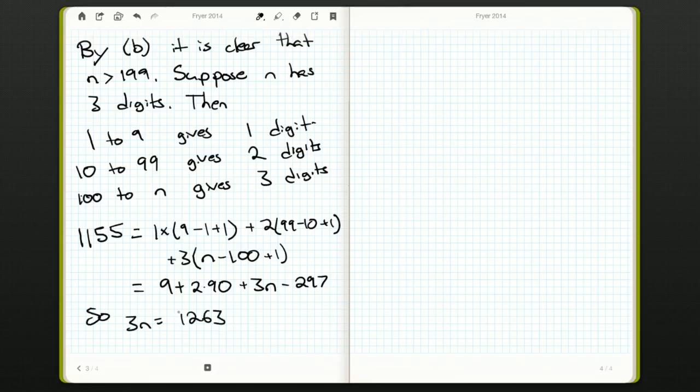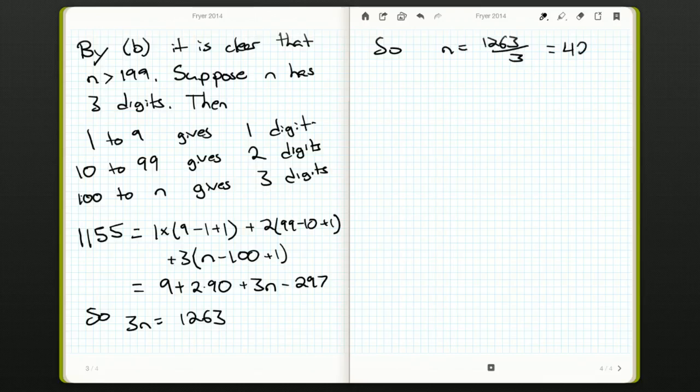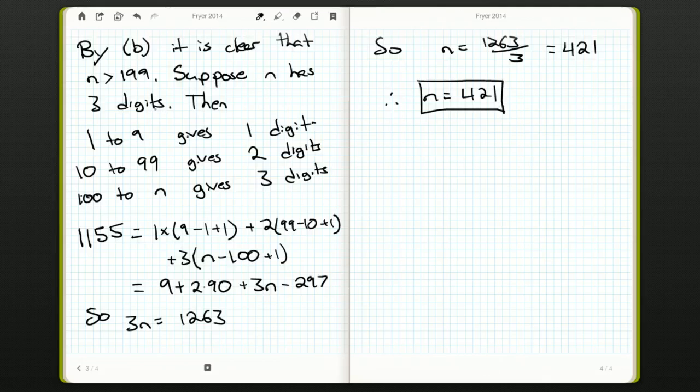And that's divisible by 3, so this should probably work out. 1263 divided by 3 gives us 421. So n equal to 421 works, and it satisfies our original assumption that n has 3 digits. Okay.